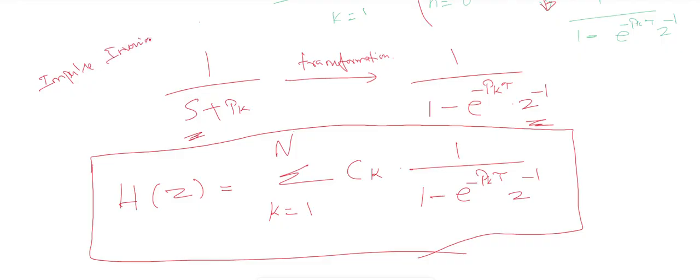There are two techniques to transform the S domain to the Z domain. One is the impulse invariant method. That is very important. We'll solve one or two problems in this session.